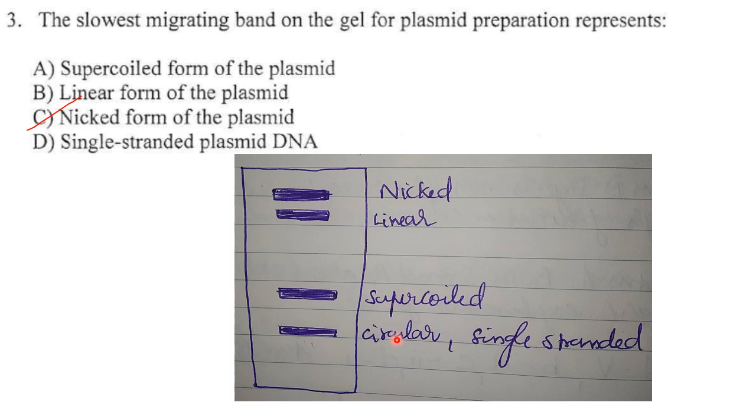That is called circular single stranded. So in the question they have asked the slowest migrating band for plasmid preparation, which is the nicked form of the plasmid. So the answer is option C.